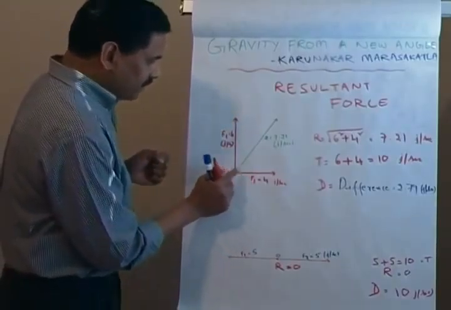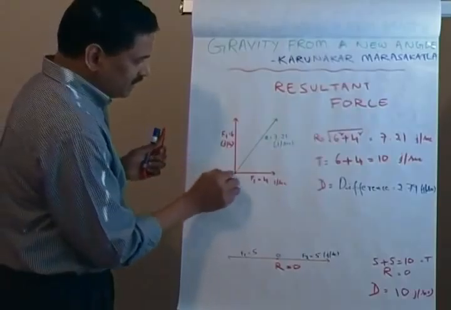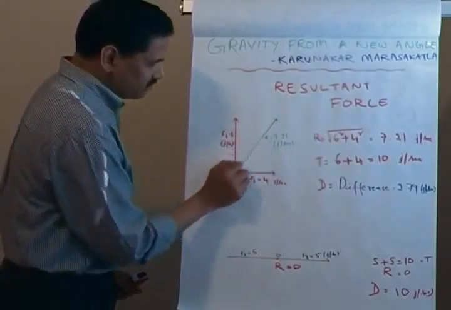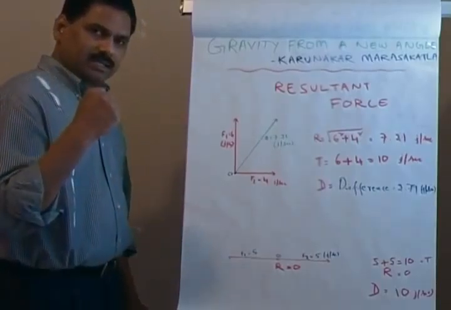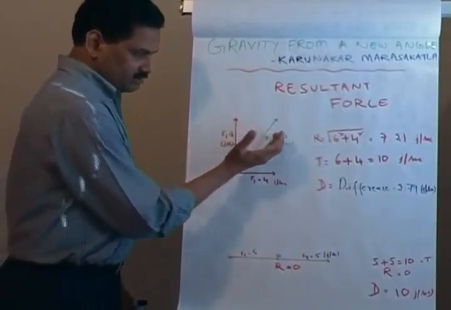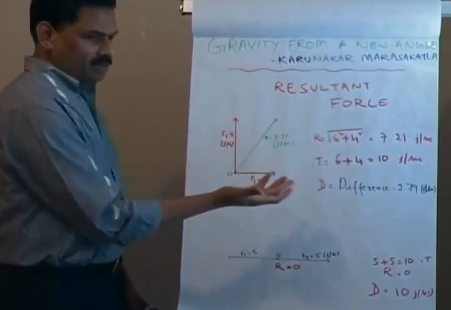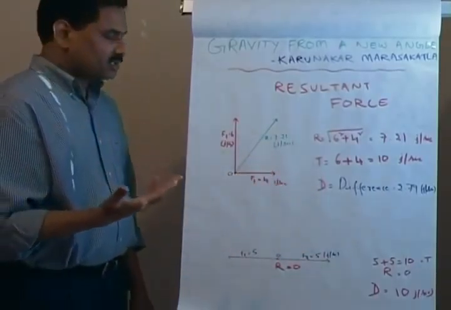Let's assume only this R force is there on this object, then it will be pulling in one direction, and in that case, whatever energy you expend, you get that much work.